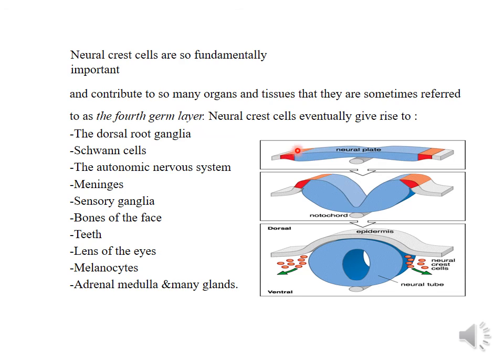Here is the site of the neural crest cells at the periphery of the neural plate. They appear here at the crest of the elevated edges of this plate. Later on, after closure of this tube, as you can see here, are the cells. They are detached from this area, and they take their different directions in their migratory pathway.